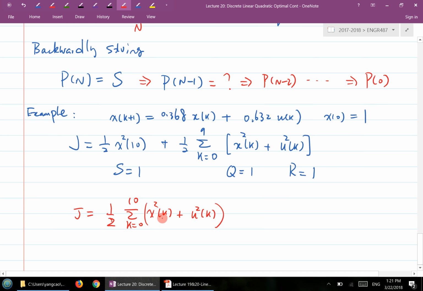So in this case, basically S equal to Q. Of course, the way I write it here S is already equal to Q, but you could make it a different weighting. You can have a 4 or 5, whatever you want. So just make sure if this is written like this, then the last step is basically N equal to 10, right? It's the same thing.